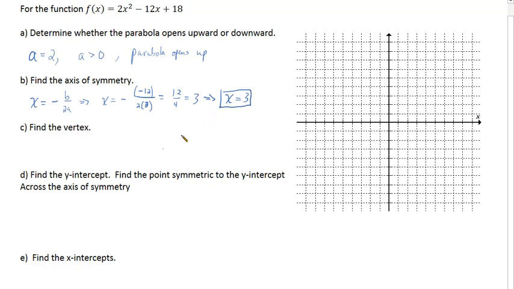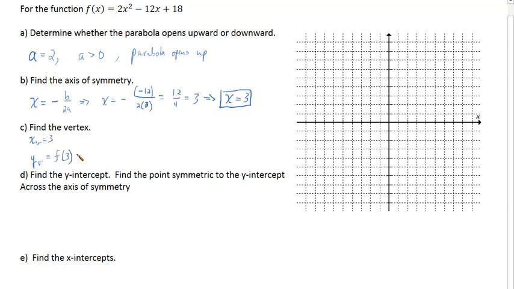Finding the vertex. We know the x-coordinate of the vertex. Since it must be on the axis of symmetry, I know that the x-coordinate of the vertex is 3. The y-coordinate of the vertex is the function's value at that input.